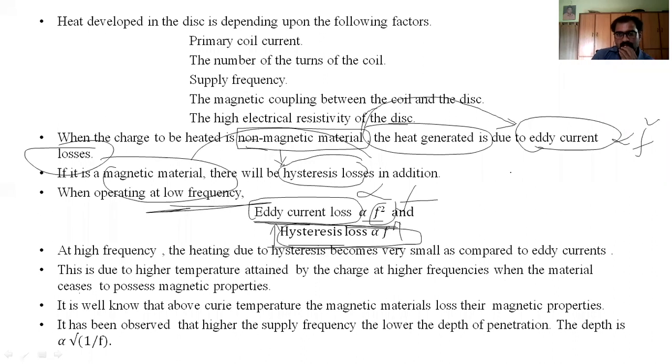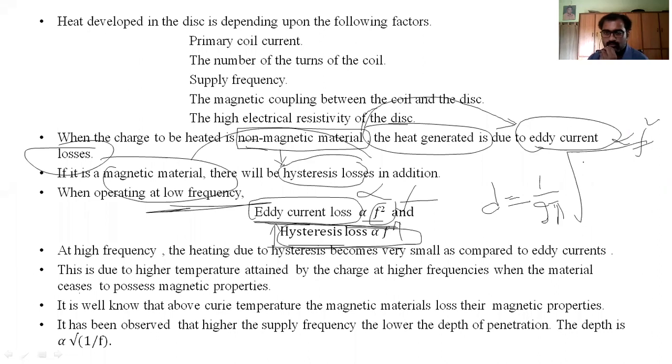A crucible is nothing but the container or the furnace. The depth of the charge is going to follow this formula. It is not the diameter; in the disk you considered the diameter as d, but here d is going to be considered as the depth.